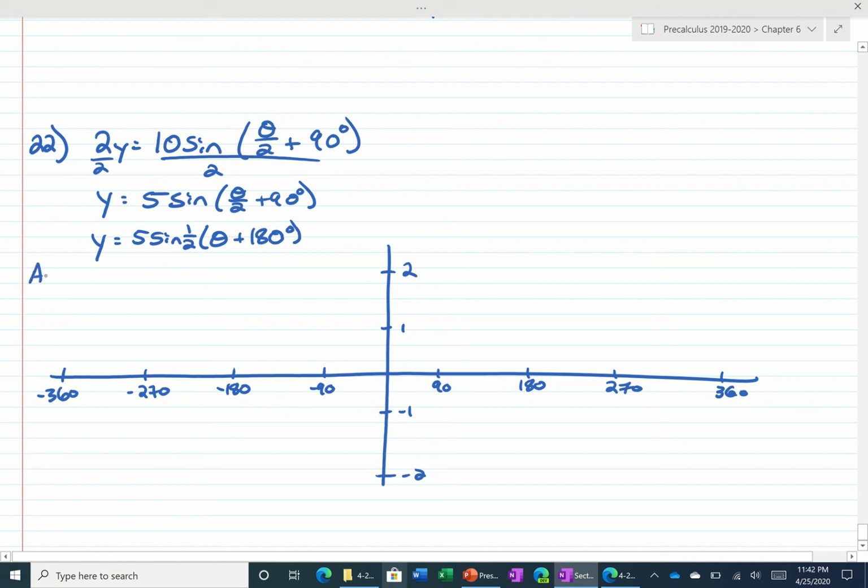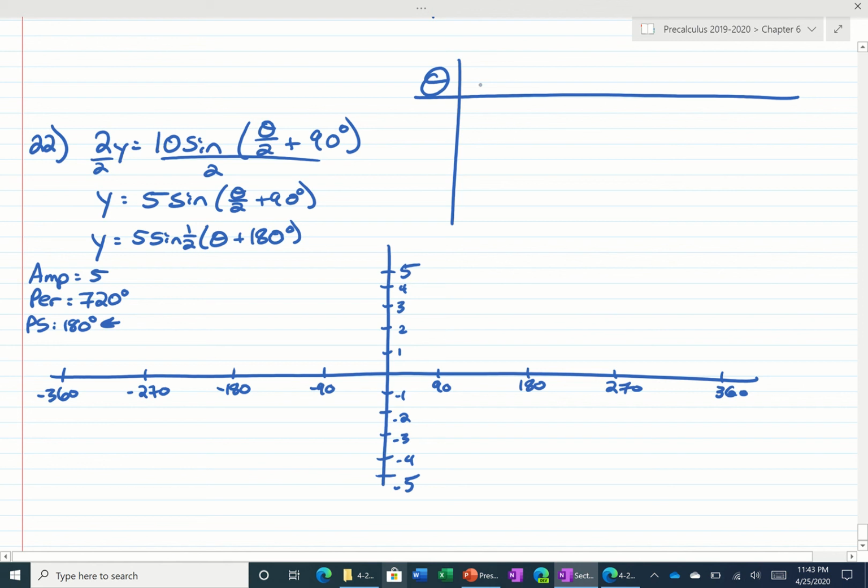All right, so now it's easy to see that our amplitude is 5. Our period is going to be 360 divided by 1/2. And the phase shift is going to be 180 degrees to the left. All right, so let's rearrange our axes then. Now sine looks like a wave.